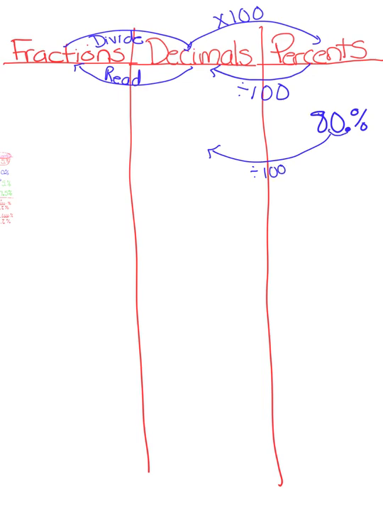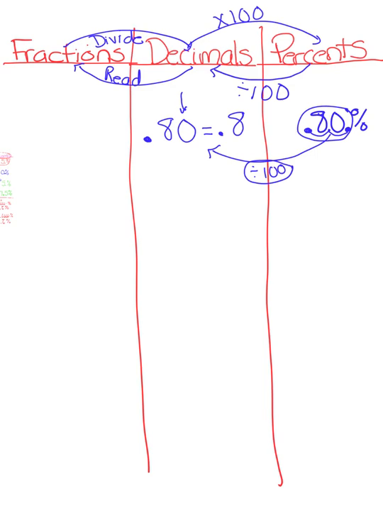We can just move the decimal 2 places to the left, and we get the decimal equivalent 0.80. Now that 0 is not a significant 0. You can also write it as 0.8. In fact, grab your calculator and punch in 80 divided by 100 and see what you get.